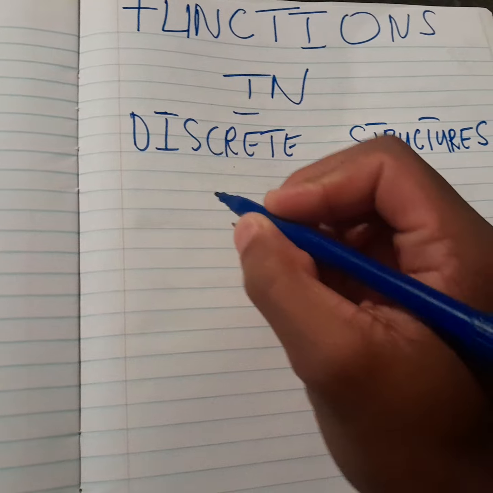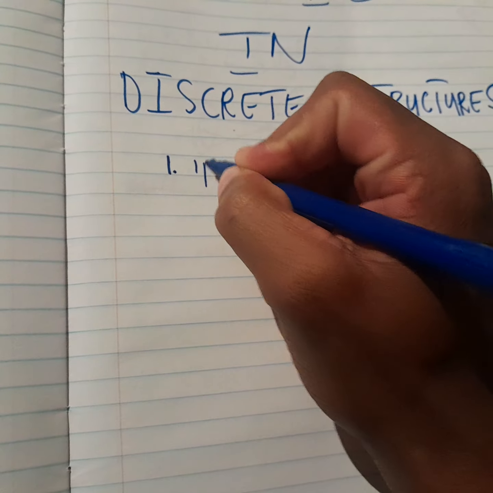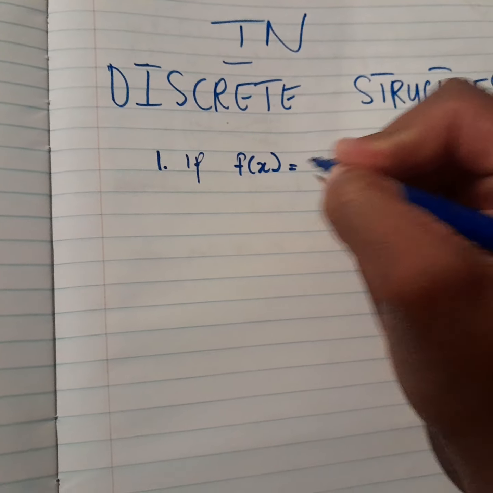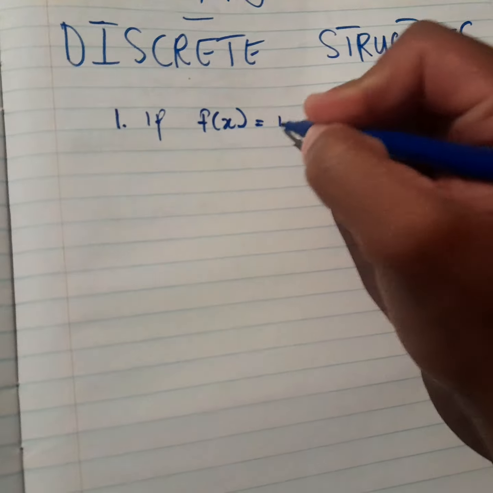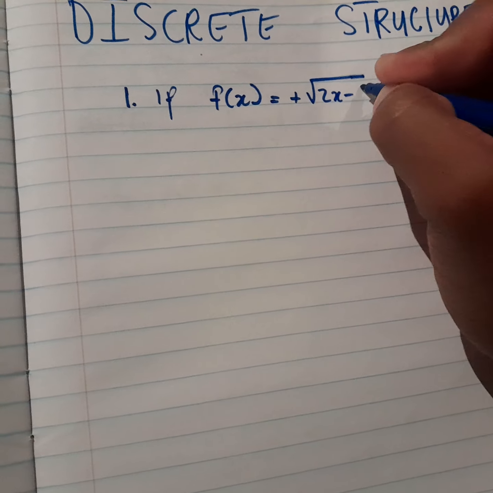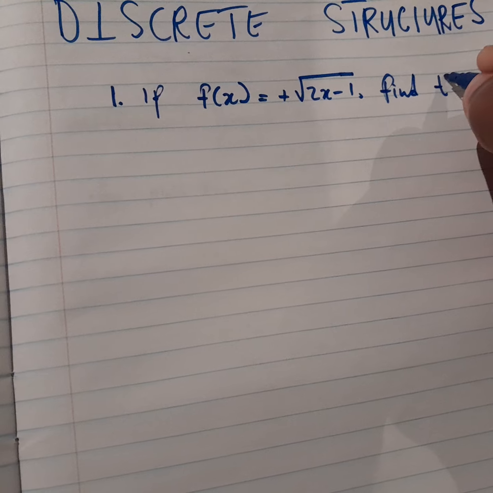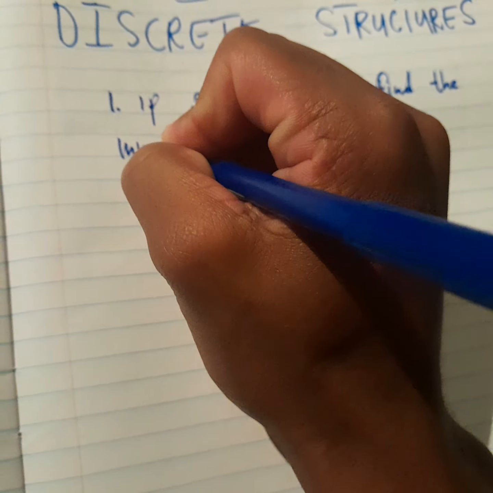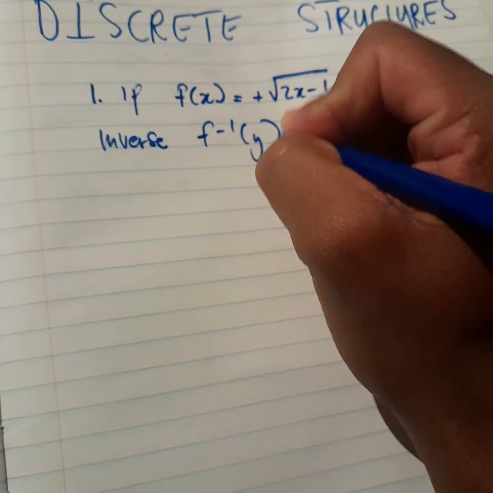So let's say you've been asked: if f of x is equal to a positive root of 2x minus 1, then find the inverse of f of y.